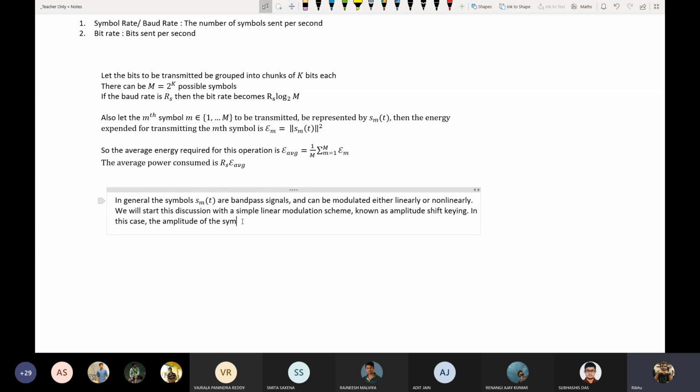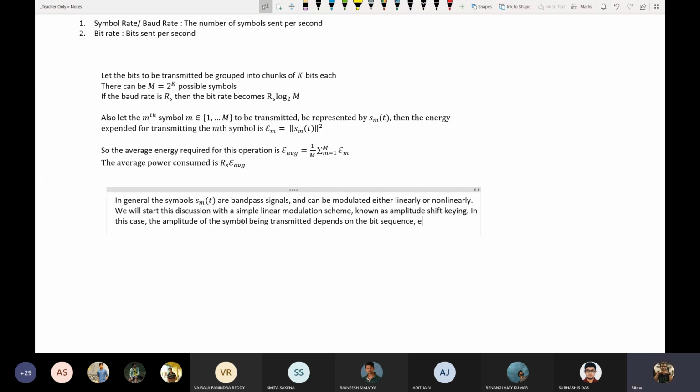Yeah, anyway, I'll continue. So the amplitude of the symbol being transmitted depends on the bit sequence.